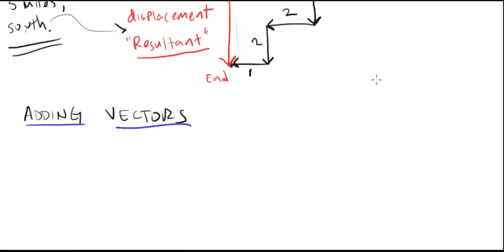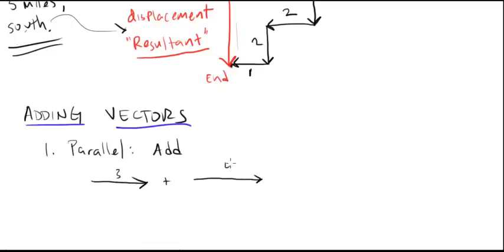So the most straightforward way of combining vectors is if they're pointing in the same direction, parallel. And if they're parallel, all you do is add them. So if I had 3 plus 4, I get 5.